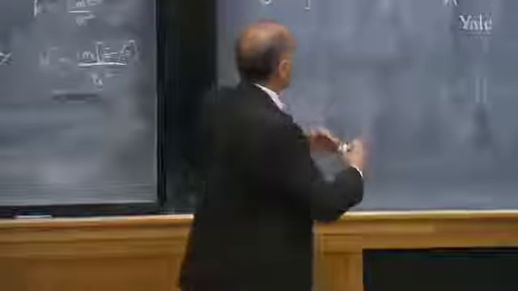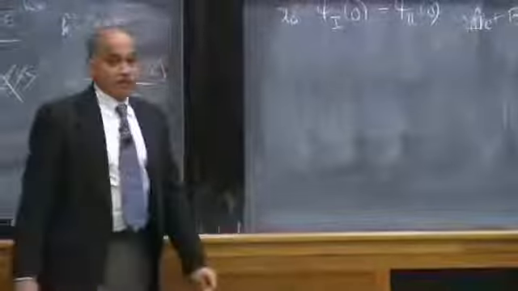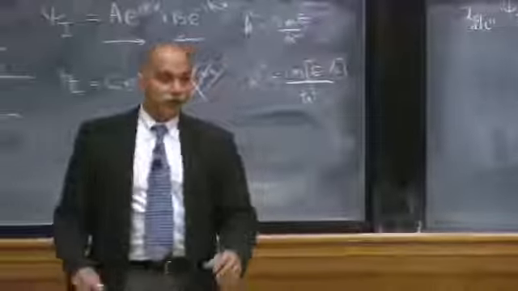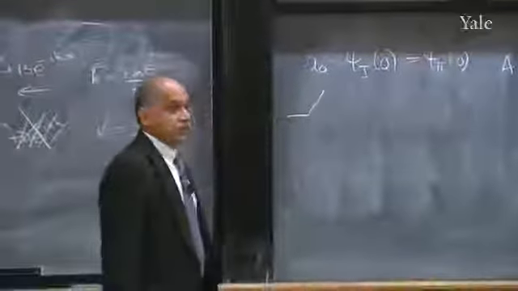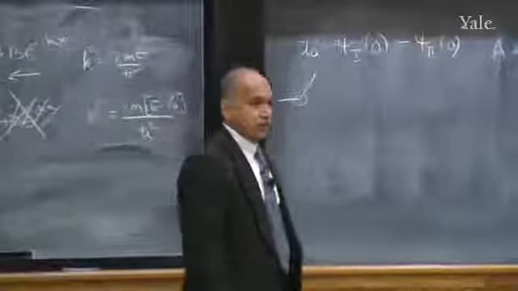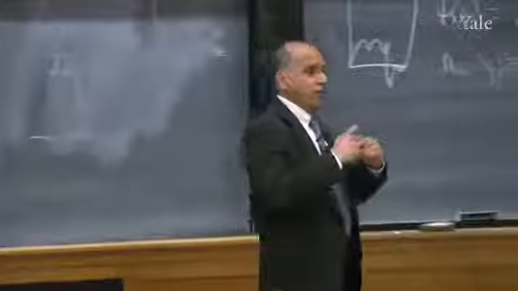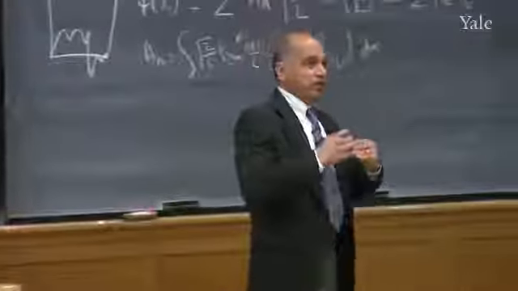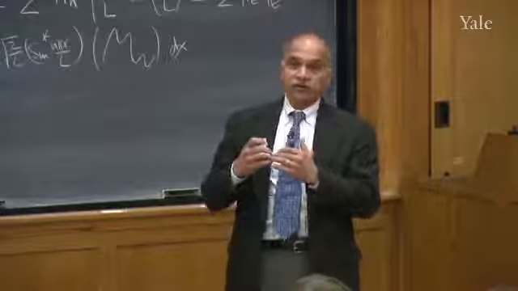But in the Schrodinger theory, you make a second requirement: that the derivatives also match. The two functions coming from the left and right cannot join like this. They must join with the same slope. The reason is that if the slope changes abruptly at one point, the rate of change of slope will be infinite there, because d2 psi over dx squared is the rate of change of the slope.